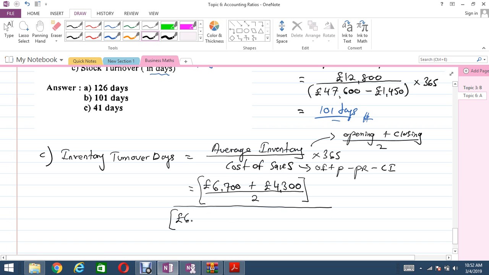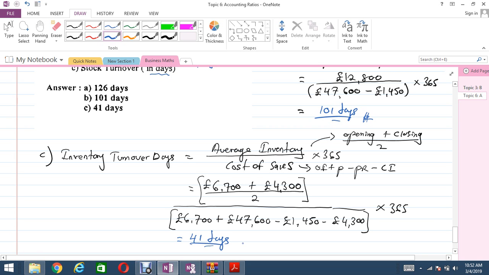So your opening is 6,700 plus your purchase is 47,600 minus your purchase return 1450 minus your closing 4,300 times 365. And you should be able to get the 41 days.